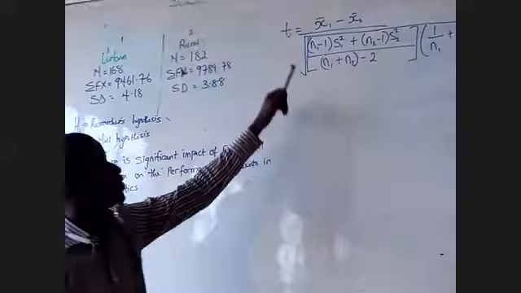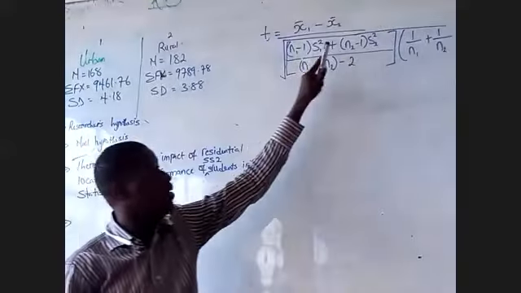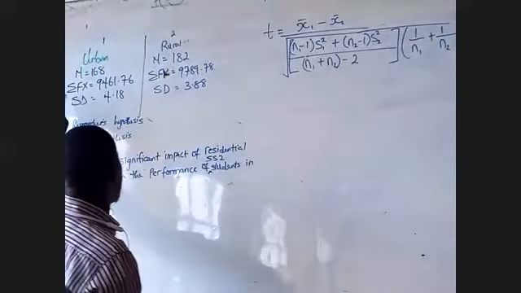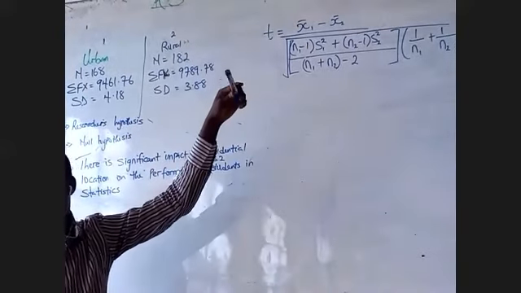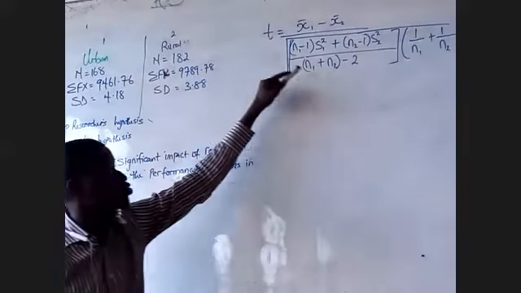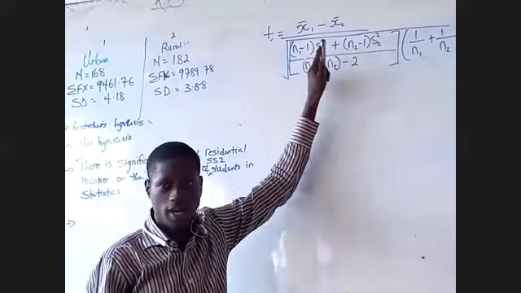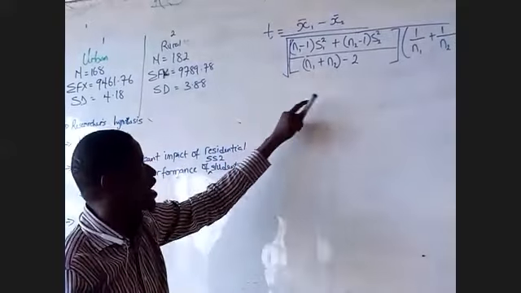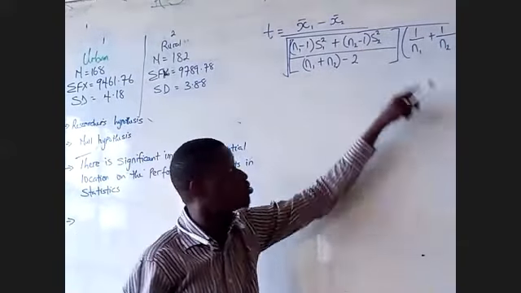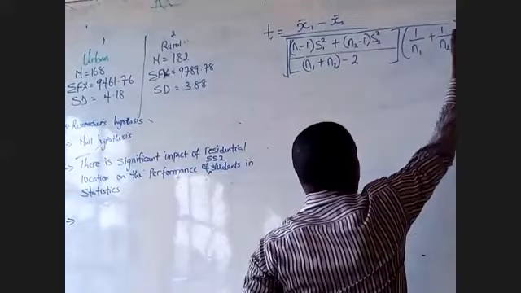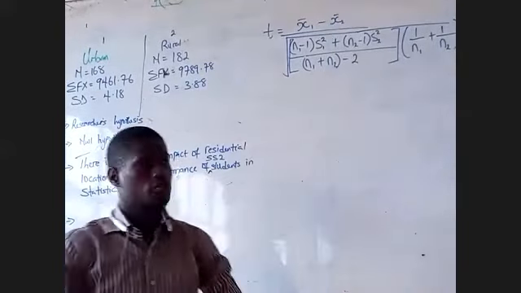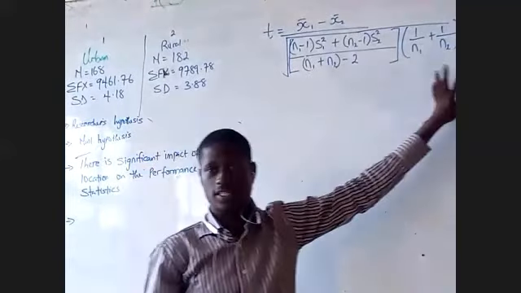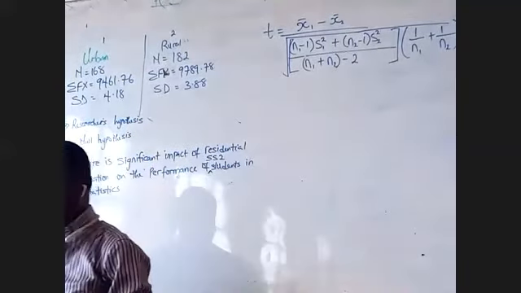So X1 should be the mean for the urban minus the mean of the rural, divided by the square root of (n1 minus 1) times the standard deviation squared plus (n2 minus 1) times the standard deviation squared, divided by n1 plus n2 minus 2, into (1 over n1 plus 1 over n2). Note, this square root is covering everything, both this and this. I hope that is clear, right?